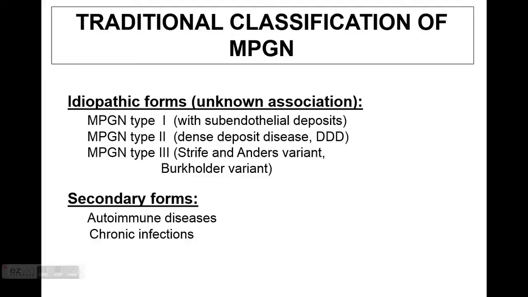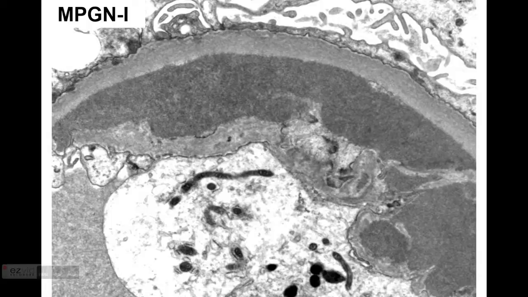Type 1 goes with subendothelial deposits. Type 2 is not even an immune complex disease, but it's a deposition of C3, as I already mentioned. And type 3 has these two different variants, Strife-Enders variant and Burkholder variant. I'll just mention them because they are present in textbooks, but again, they're not very important.